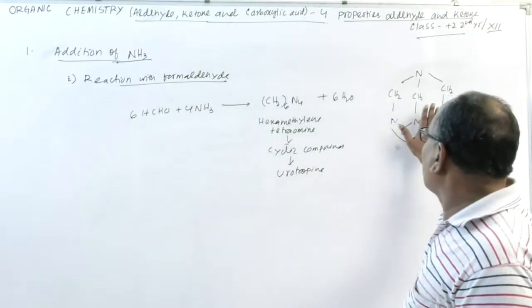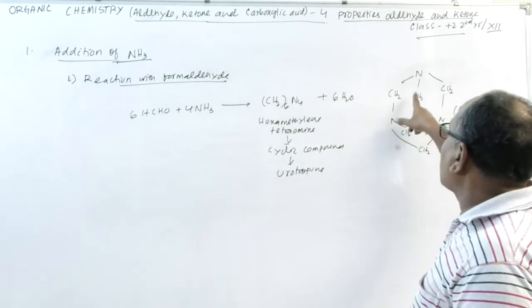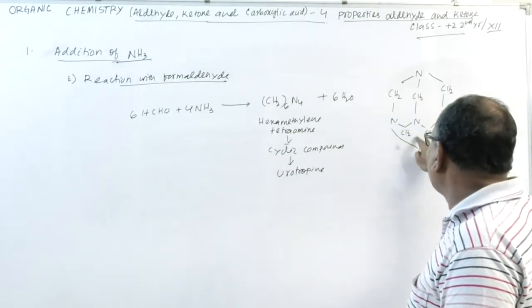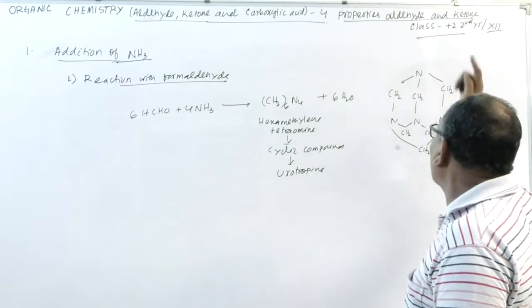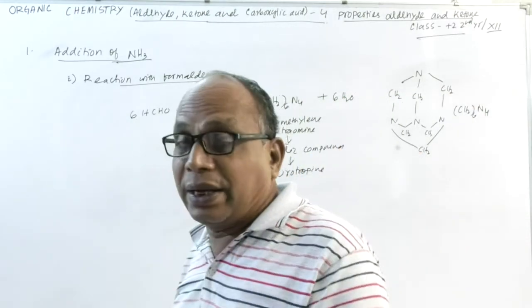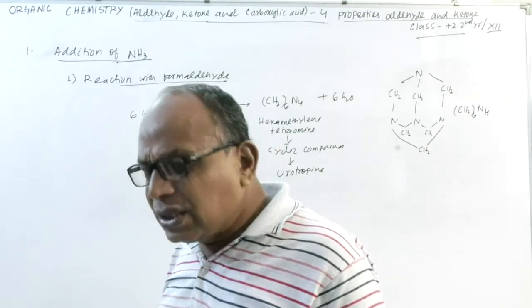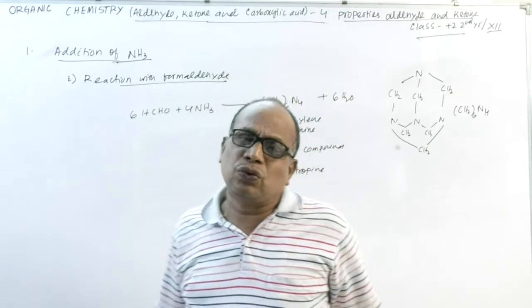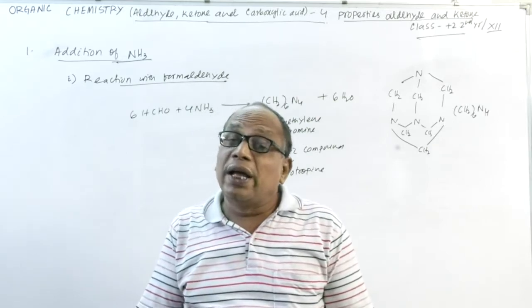You see the cyclic nitrogens 1, 2, 3, total 4. And urotropin's nitro derivative is also used as an explosive.